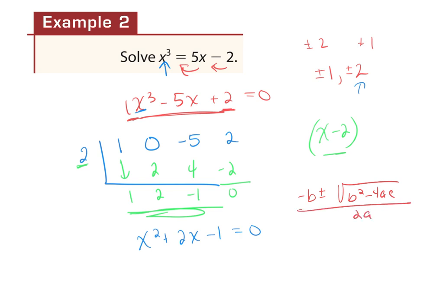And it's small numbers, so they're nice to us. Negative b, that's my b right there. So I have a negative 2 plus or minus the square root of 2 squared minus 4 times a, which is 1, times c, which is negative 1, all over 2 times a, which is 1.